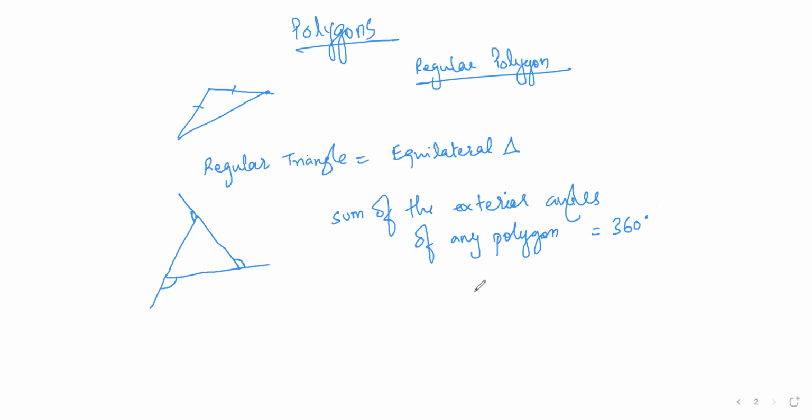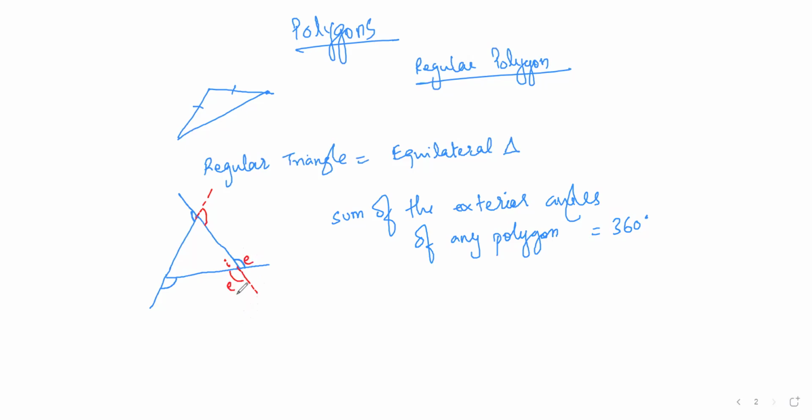Now you might be confused, okay, never mind, I'll use a different color now. Even this is an exterior angle. Even this is an exterior angle. The concept of exterior is that if this is my interior angle within the polygon, then the outside one is the exterior angle.